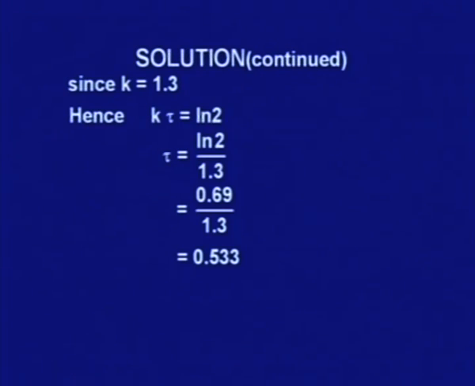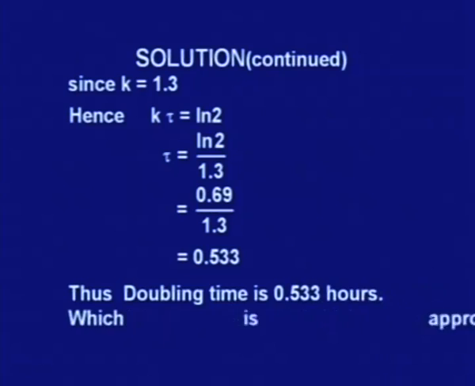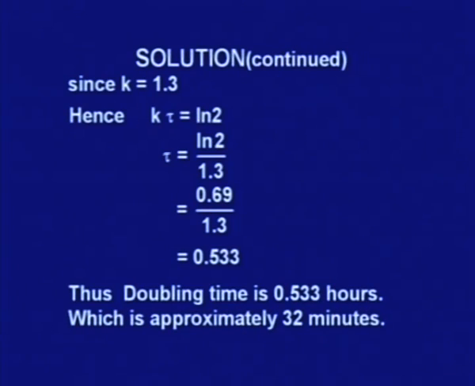This is tau, that is the time, and how are we measuring time? In hours. So, the doubling time is approximately 0.533 hours, which if I change into minutes, I get approximately 32 minutes.